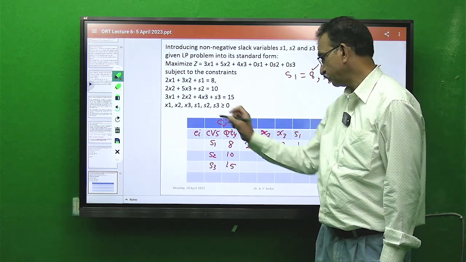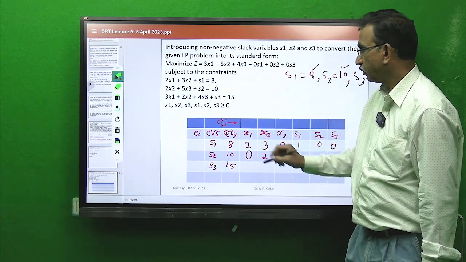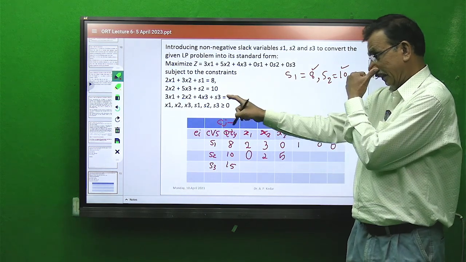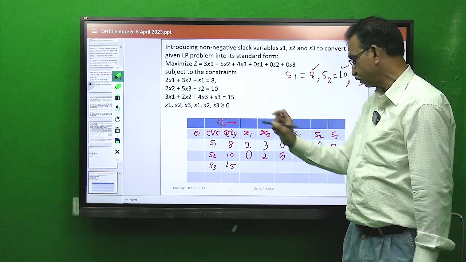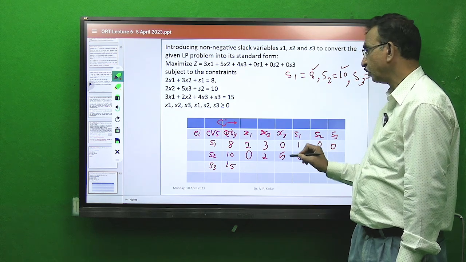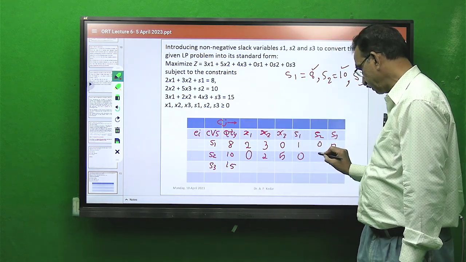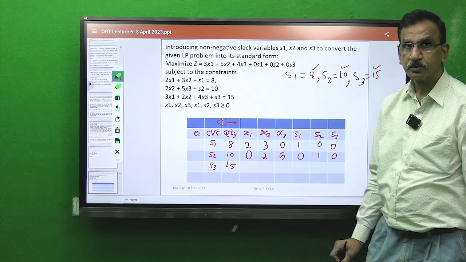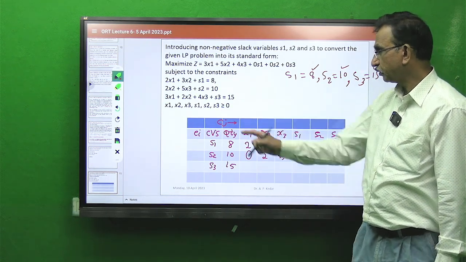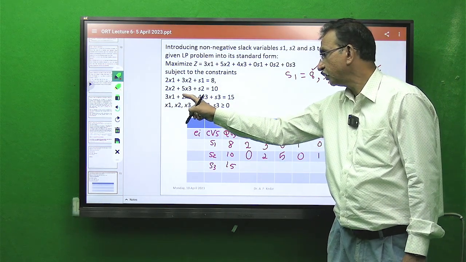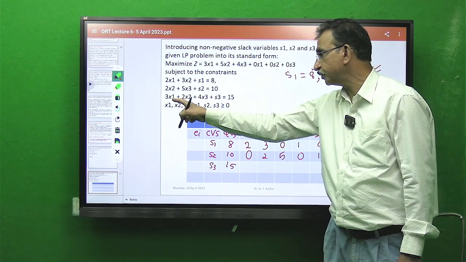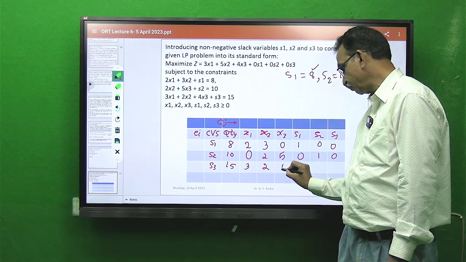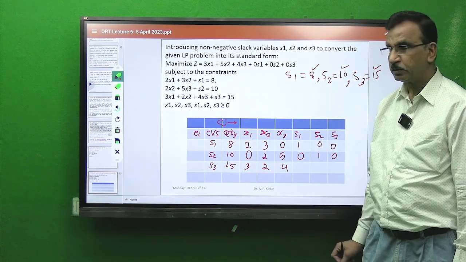For x3 it is 5. There is no S1, only the presence of S2, so 0. The coefficient of S2 is 1, and S3 is absent, so 0. That is the second equation. For the third equation, you have all 3 terms x1, x2, x3 with coefficients 3, 2, 4. Got it?